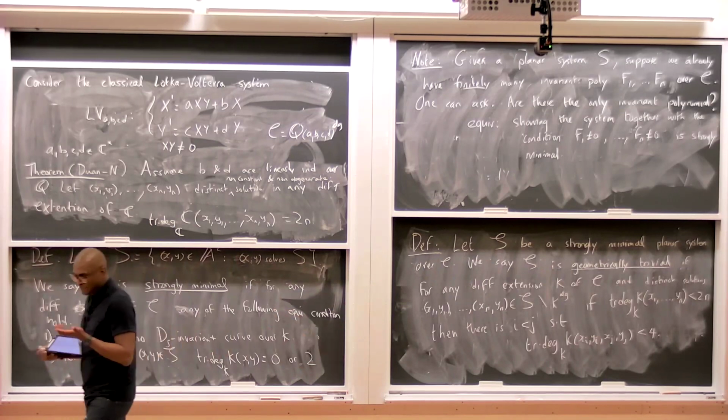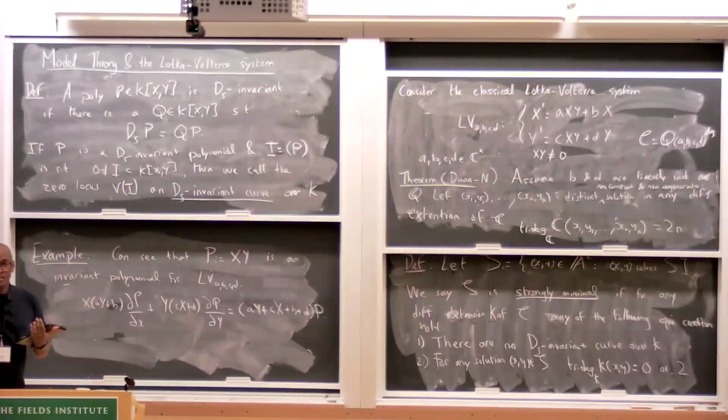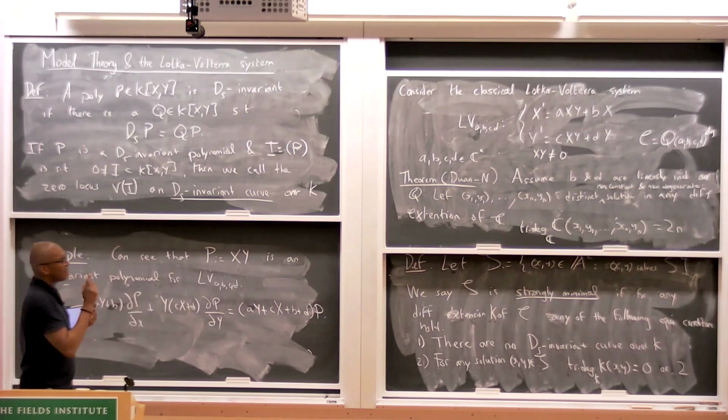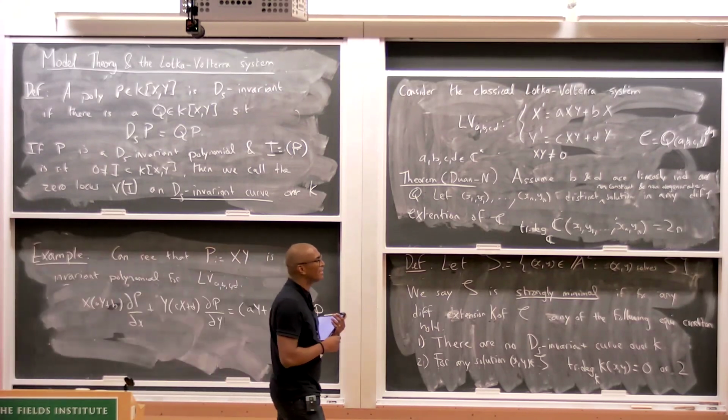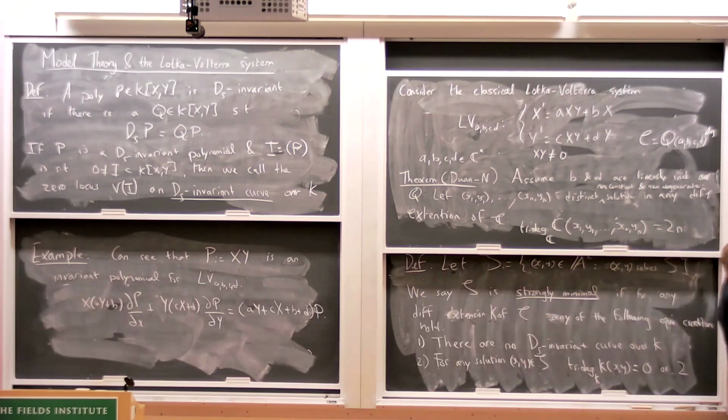This has been the strategy in most of the work I pointed to before: first prove that your equation is strongly minimal, then prove that it is geometrically trivial, and then you're left with dealing with pairs. Now that would be great, but this seems difficult, to show that if you have n solutions, you can already reduce to pairs.